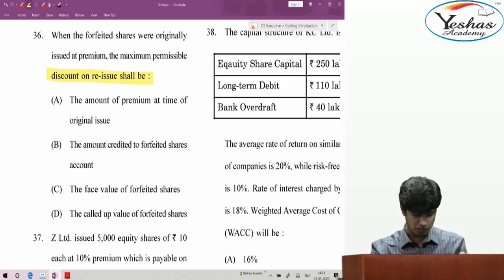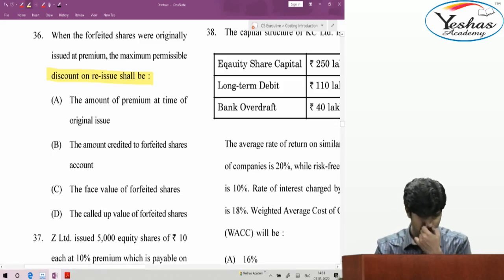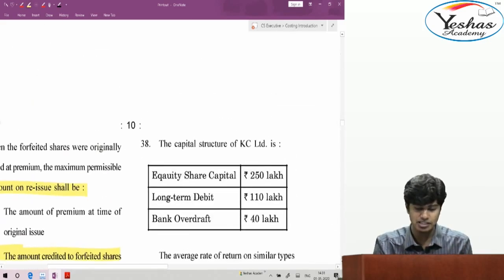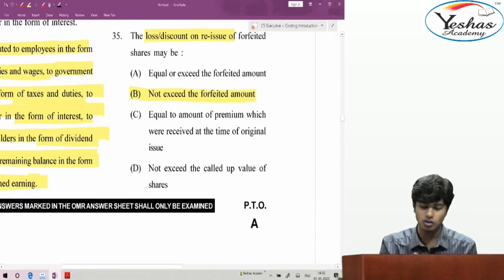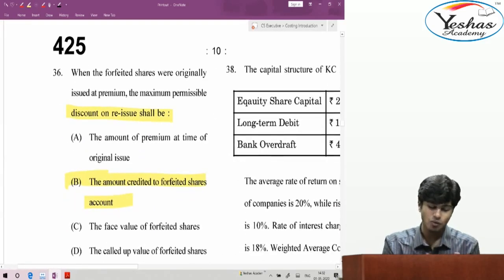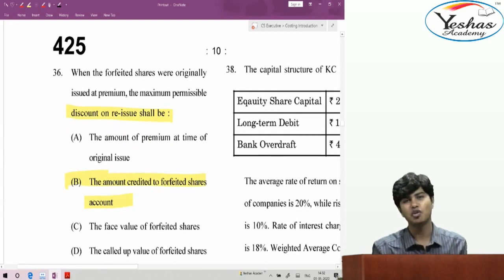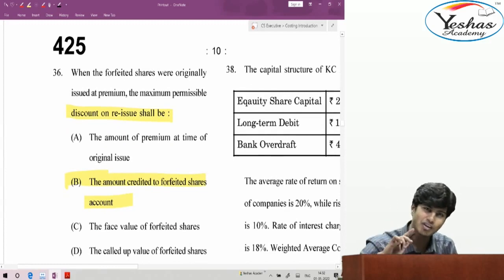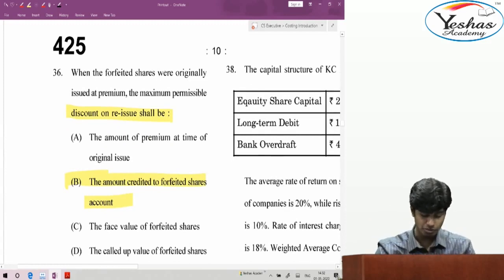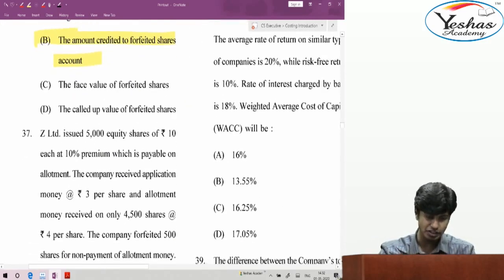Yes. We discussed this, no? The 35th one is the same. The 35th one talks about not exceeding the forfeiture amount, so that is the maximum discount that can be given. And the 36th one asks what the maximum discount is, so it is the amount credited in forfeiture account. If you know one concept, you could have answered 2 questions and got 2 marks here. That is question number 36. Come on, let us now go to the 37th one.